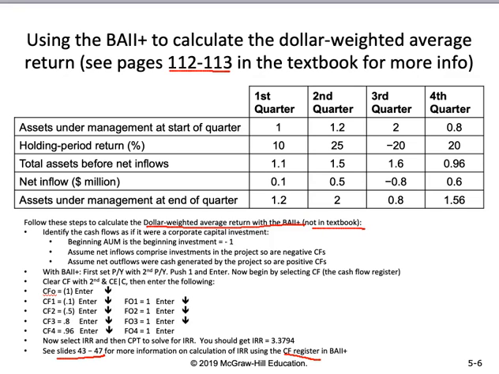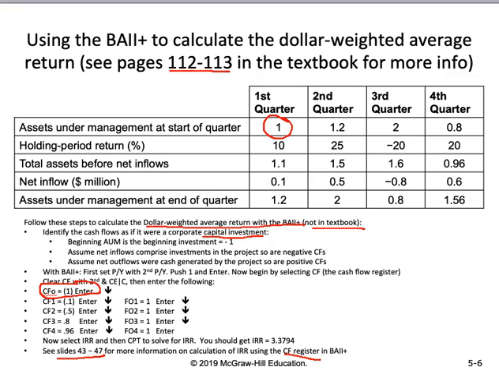Treat this as if this were a capital investment for a corporation. So it begins with an investment, out-of-the-pocket cash flow, a negative cash flow of -1. And you can see that here, cash flow 0 is a -1.